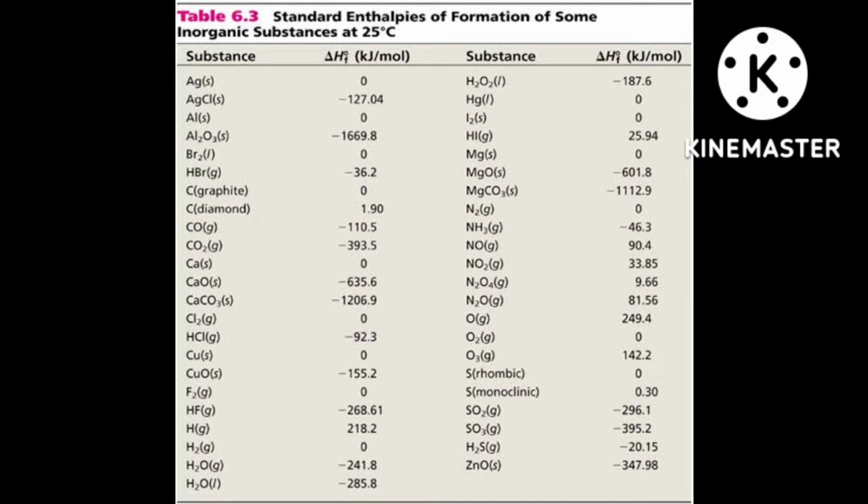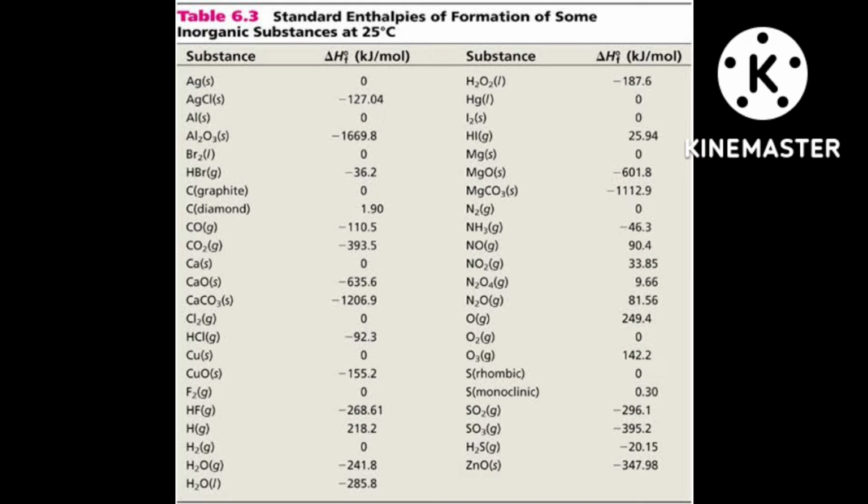It is very, very strong in comparison to these three. It is the highest among these three, minus 1675.7 heat of formation. Then you can understand how strong it is. Aluminum oxide, Al2O3, is a solid.